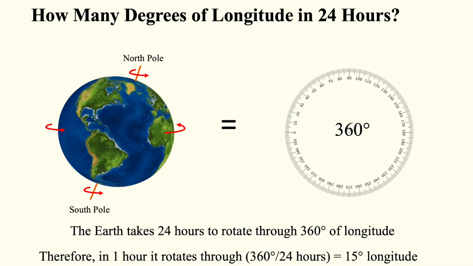We know that there are 360 degrees within a complete circular rotation, so the Earth rotates through 360 degrees of longitude in 24 hours, which means therefore that in 1 hour it rotates through 360 degrees divided by 24 hours to give us 15 degrees of longitude in an hour.